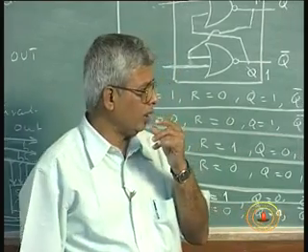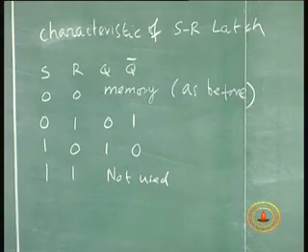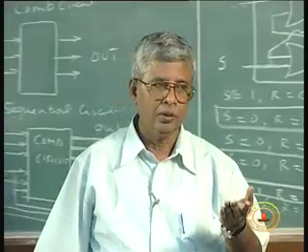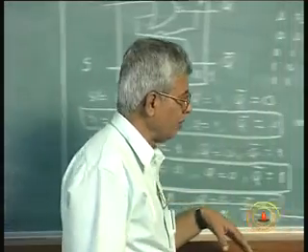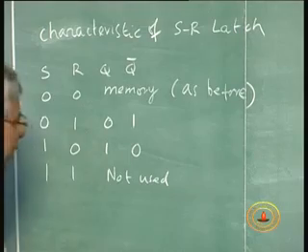I can also draw a NAND gate version of this, because whatever you do with NOR gate you can do with NAND gate. So, a NAND gate version of this is a reading exercise for you.